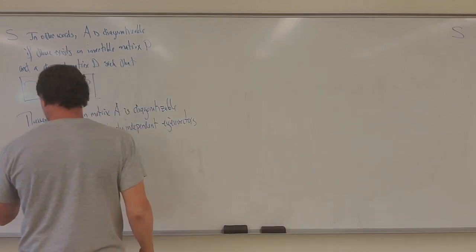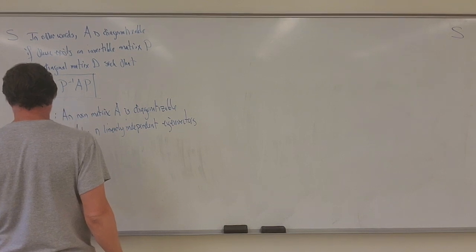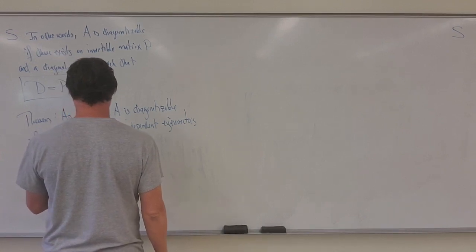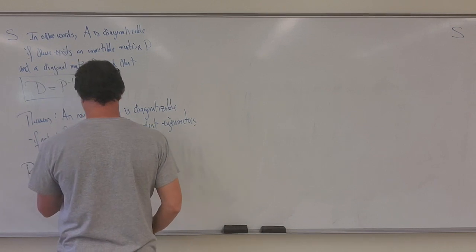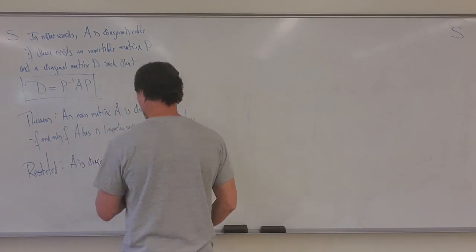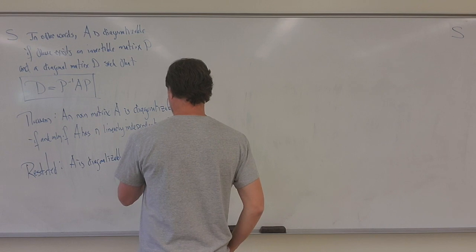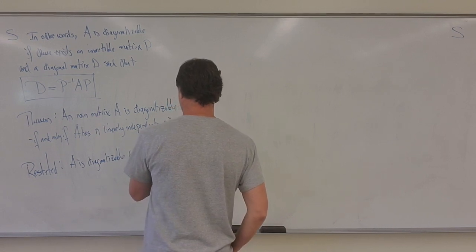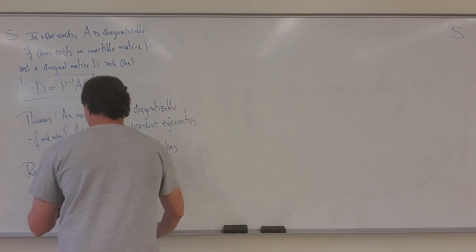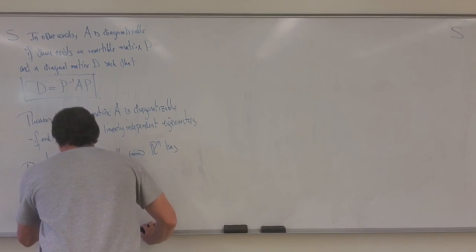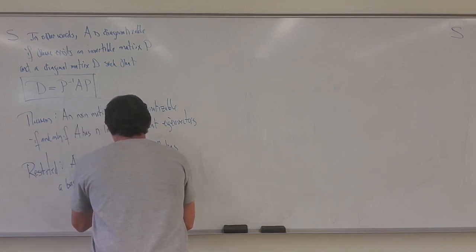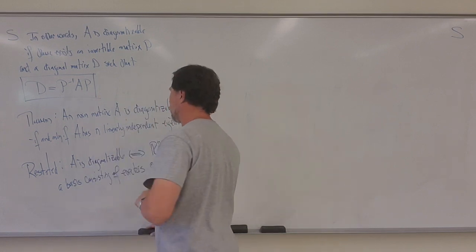So a way to restate this: A is diagonalizable if and only if Rn has a basis consisting of eigenvectors of capital A. That's a nice way to think about it.